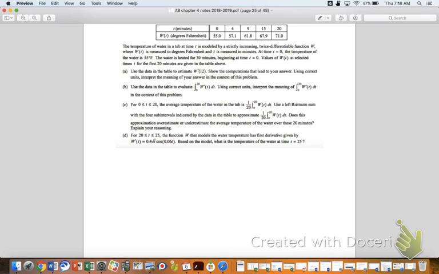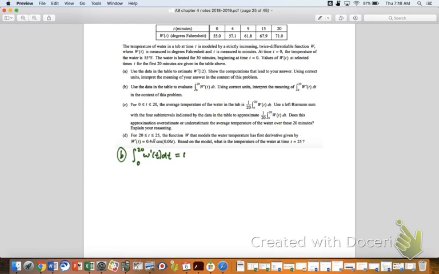All right, so now part B says use the data in the table to evaluate the definite integral from 0 to 20 of w prime of t dt. And then we'll also interpret the meaning on this one as well. Okay, so part B, we're supposed to evaluate the integral from 0 to 20 of w prime of t dt. Well, using our fundamental theorem of calculus, I would write this.